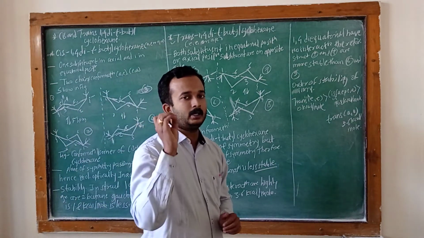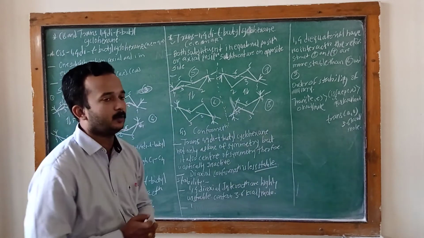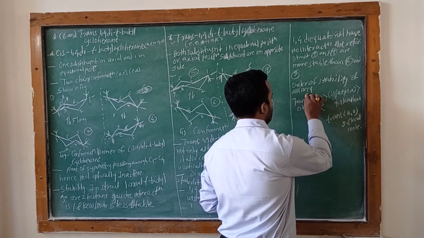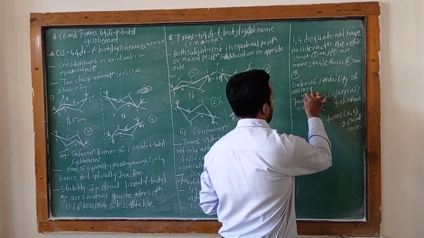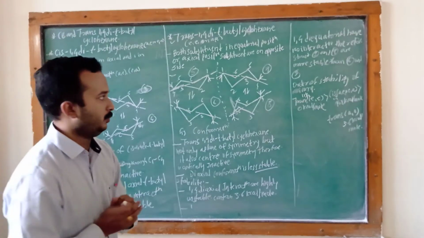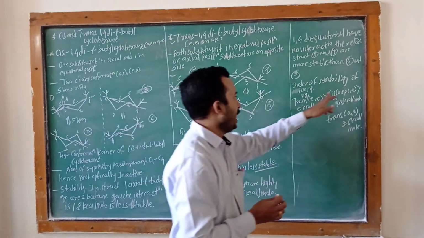Okay, therefore the order of stability of this compound, that is about the cis and trans 1,4 ditertiary butyl cyclohexane. The trans equatorial is more stable. This is the trans 1,4 equatorial.